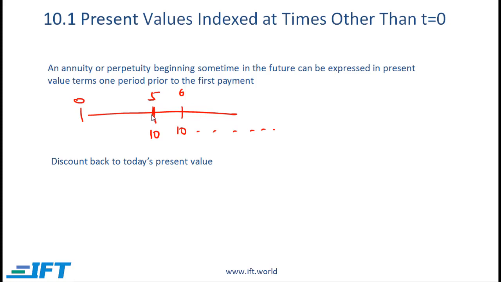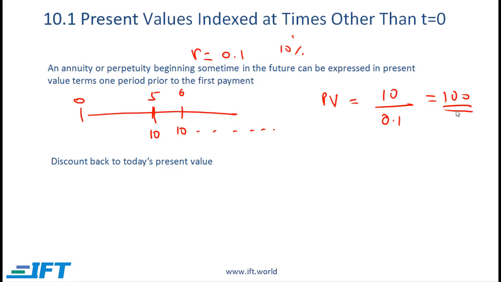The question is, when we use the annuity formula, or actually in this case the perpetuity formula, the present value is equal to the amount A, or the payment, which is 10, divided by the discount rate. Let's say that our discount rate now is 0.1 or 10%. So the present value is 10 over 0.1, which is 100.